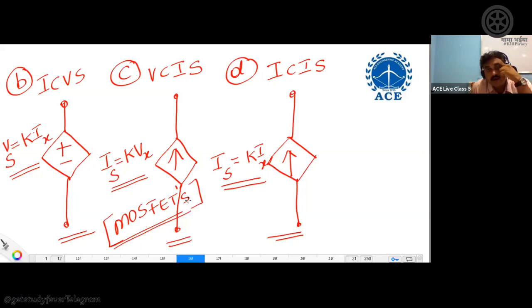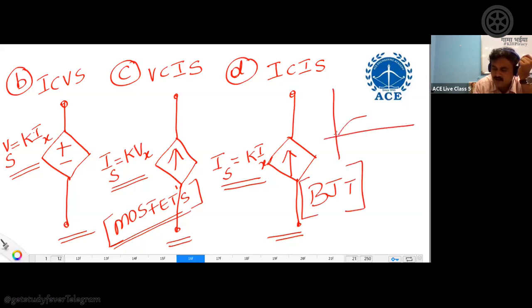Now, current controlled current source. How can you say whether the source is current and it is also controlled by current? One of the best examples is the BJT, bipolar junction transistor. If you see the input output characteristic graph, you will have a graph like this. For any configuration, it may look like this. So what is this value? Output is nothing but voltage, VCE. What are these characteristics you will have?